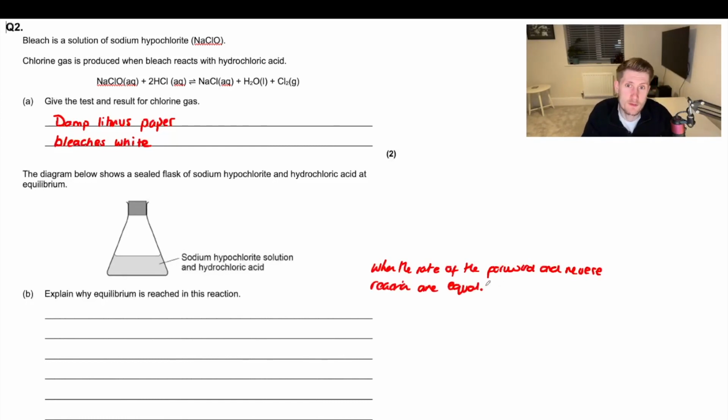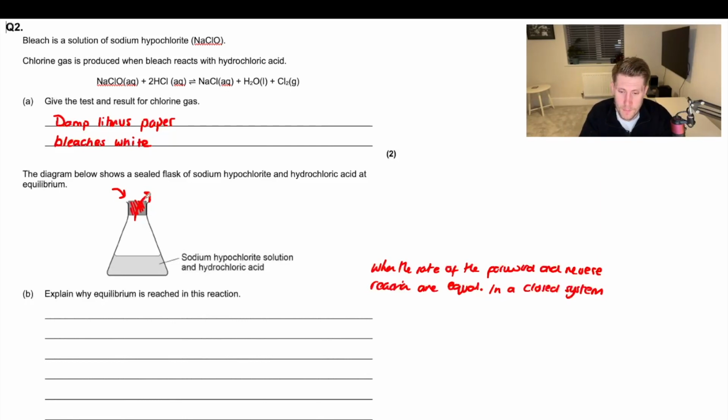So when the rate of the forward reaction is equal to the rate of the reverse reaction, we say it's in dynamic equilibria. Now the second part of this, which is very important, is it has to happen in a closed system. And this is what we have here, a closed system. Any reaction that takes place in here, nothing can get in and nothing can get out. It's closed off by this bung here in the top of the conical flask.